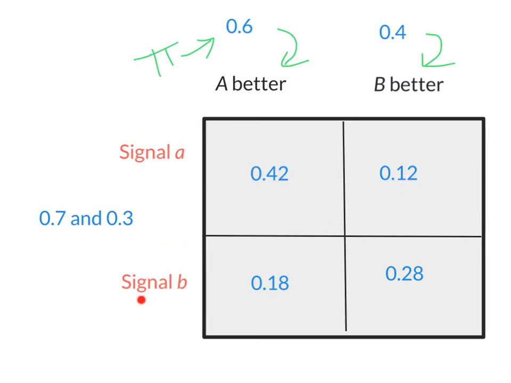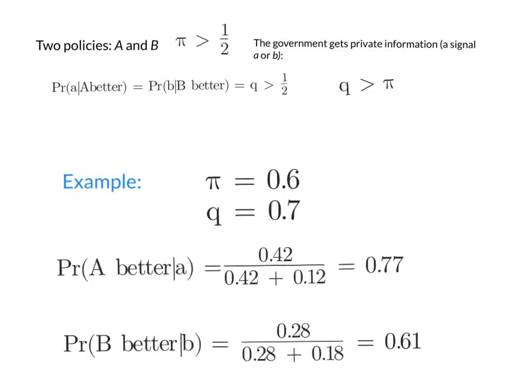Similarly, if the government sees signal B, the probability that B is better, well, we now know for sure we're down here in this row, so we're going to have to divide our probabilities by 0.18 plus 0.28 because they have to add up to 1, so we've got to scale everything up. And the probability that we're in this right-hand box rather than the left-hand box is 0.28 divided by 0.28 plus 0.18. And that's exactly what we've done here.